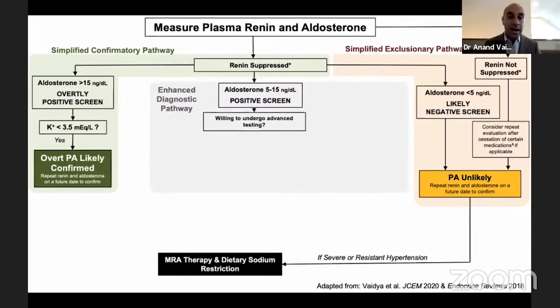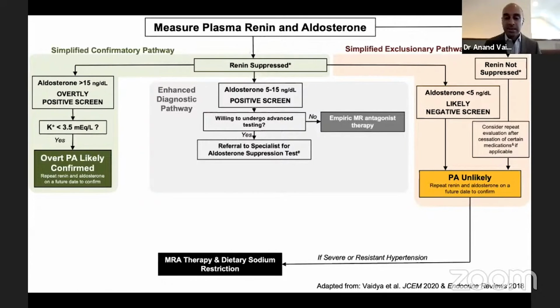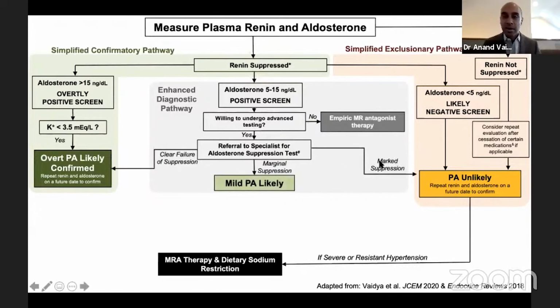If your patient is not willing to undergo more testing, you can empirically give them mineralocorticoid receptor antagonists. They likely have primary aldosteronism. They will likely respond very well. But if they are willing to undergo more testing, you can conduct a number of suppression tests, whether you prefer oral or IV saline or fludrocortisone or captopril, it doesn't matter. If they markedly suppress aldosterone, you excluded the diagnosis.